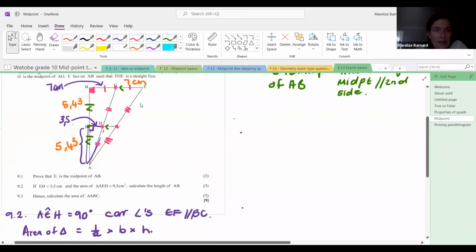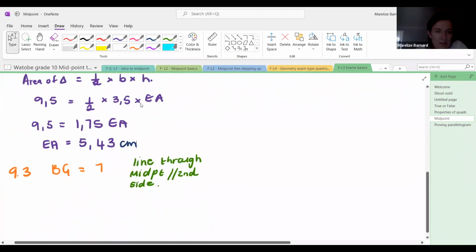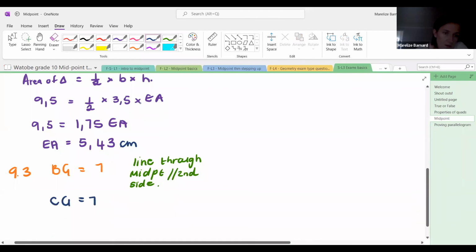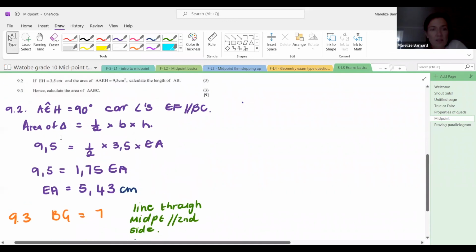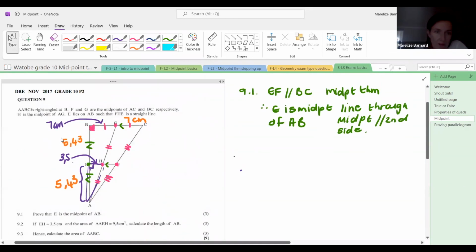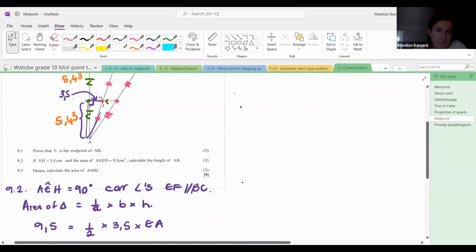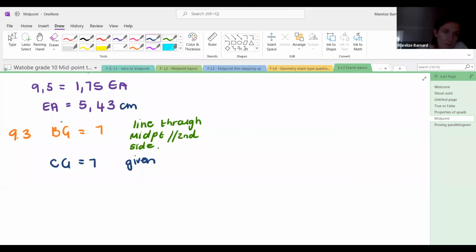Okay, and then we're going to say CG is 7. And that's just because it's given. So let's just write here given, because BG is equal to CG. And then we can say BE is 5.43 as well.